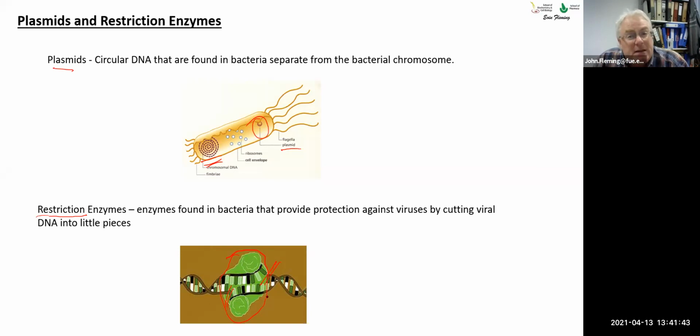Again, this has occurred naturally in bacteria. We see them across a variety of different bacterial species. They evolved to prevent viruses, bacteriophage, from coming in and infecting the bacteria. So this is a way for the bacteria to cut up foreign DNA into short pieces.